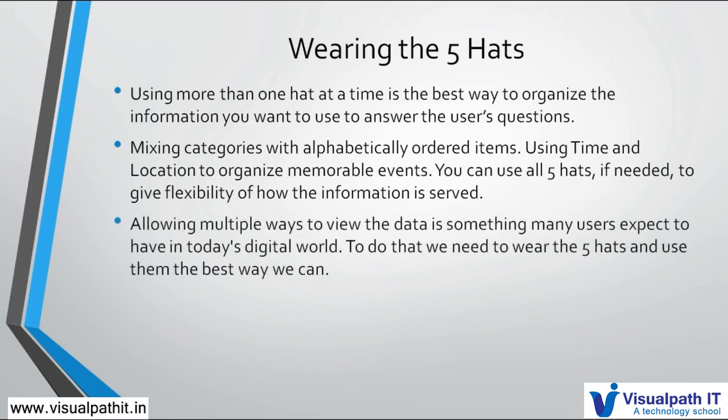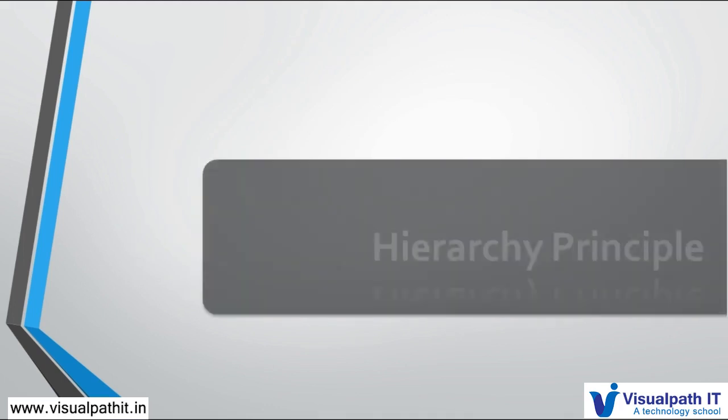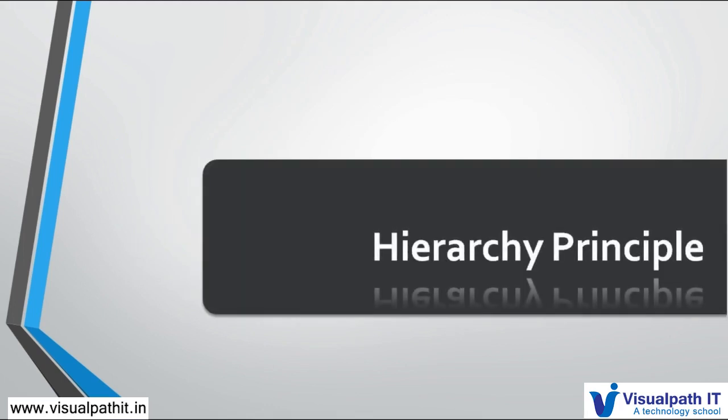Allowing multiple ways to view the data is something many users expect in today's digital world. To do that, we need to wear the 5 hats and use them the best way we can. Let's see some hierarchy principles.